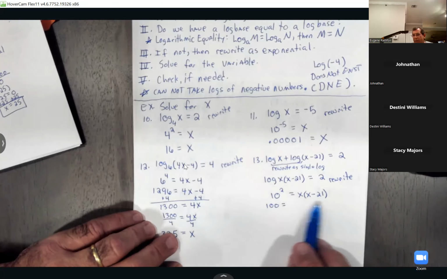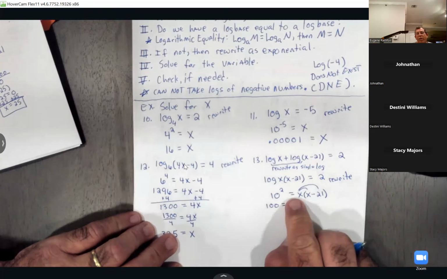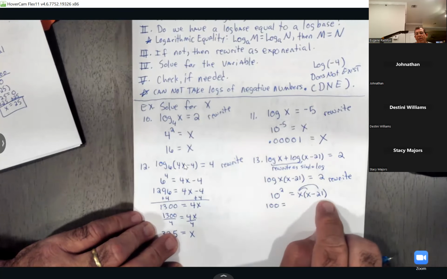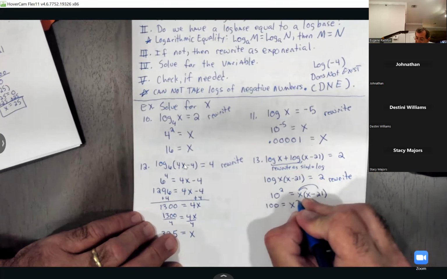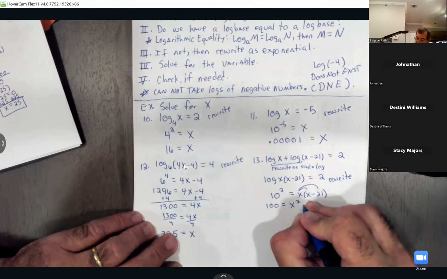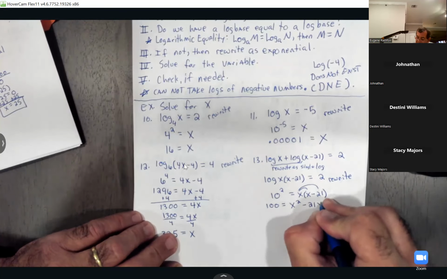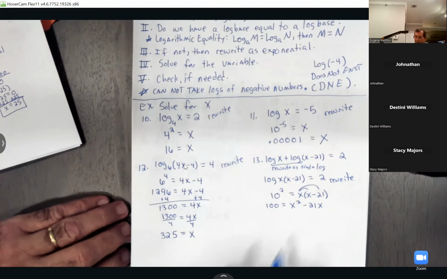Now, we got to get rid of these parentheses over here. So guess what? We're going to distribute the x and get rid of these parentheses. So x times x gave us the x squared. X times negative 21 gave me a negative 21x. Look at this.